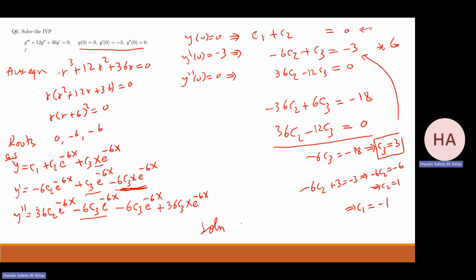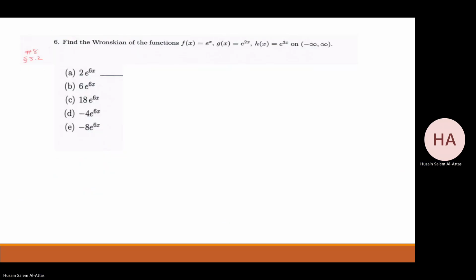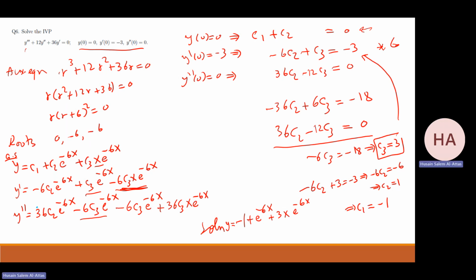So it will be my solution: y equals minus 1 plus 1 e to the minus 6x plus 3x e to the minus 6x. Yeah, that will be my solution. It was a mental calculation, but I forgot to take the derivative as a product of two functions.